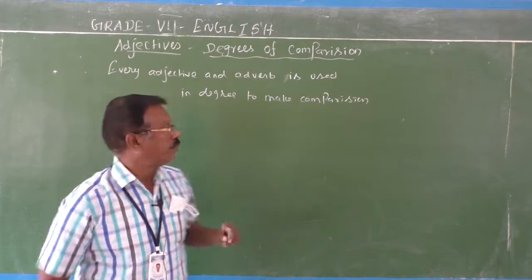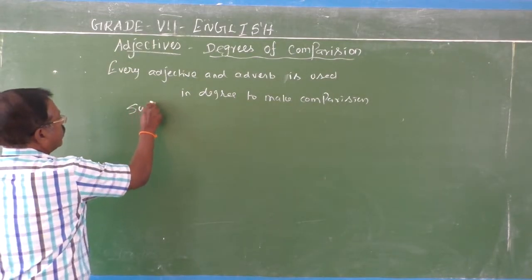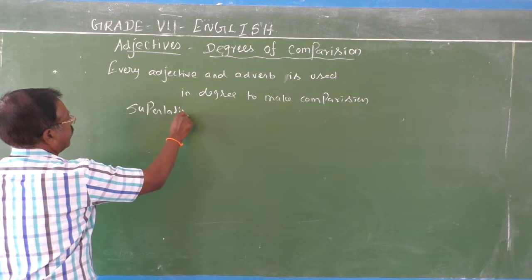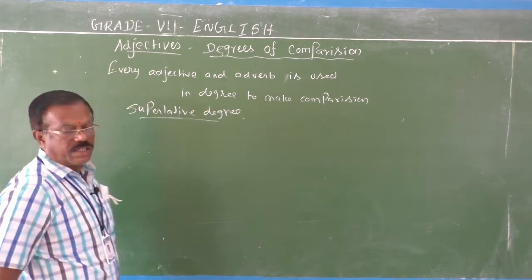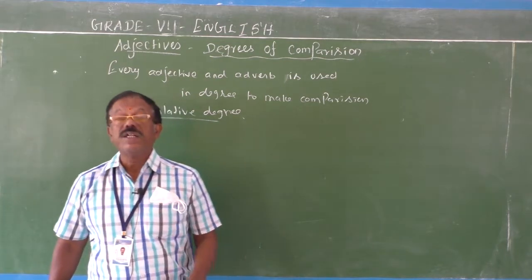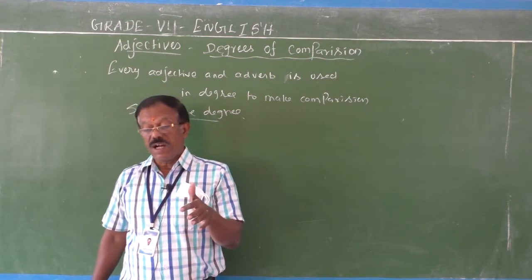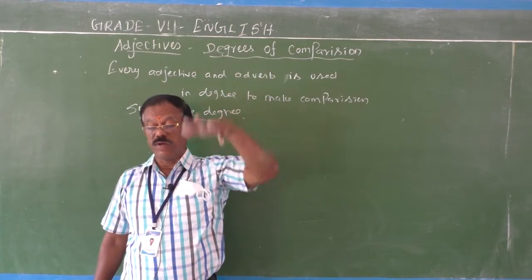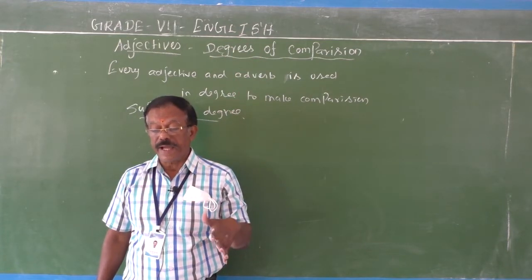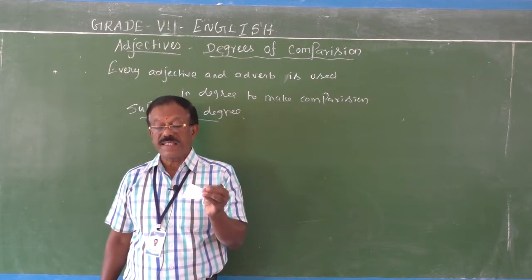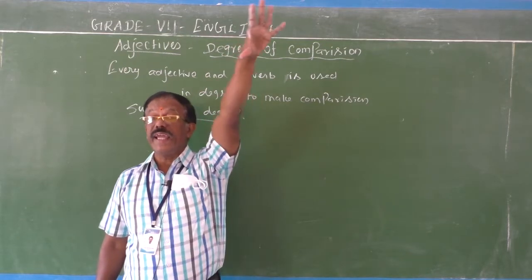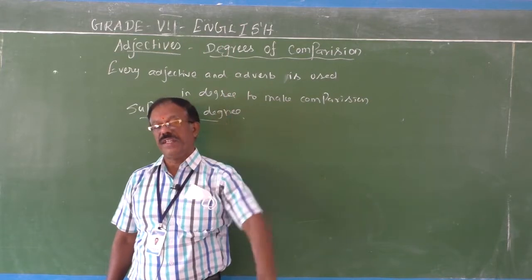We use the superlative degree to compare three or more nouns. This compares more than two things to show which has the least or the greatest degree of quality.